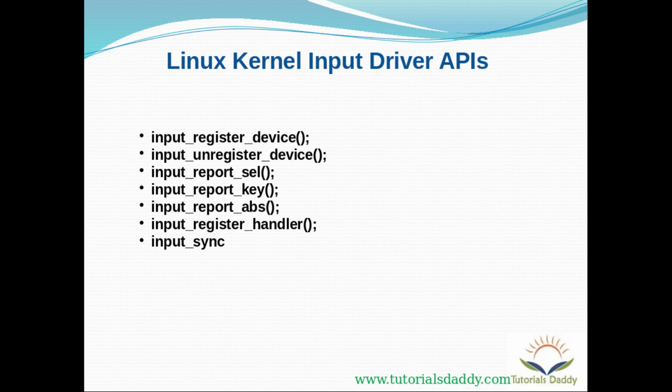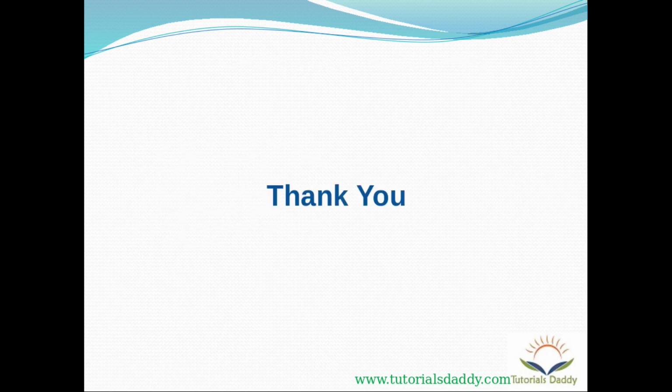Then register handler means you are registering the custom input handler in your driver. Input sync is syncing the event between user space and kernel space. These are all APIs we use in our driver. In the next presentation, when we have a code walkthrough of our driver, you will see the uses of all these APIs.